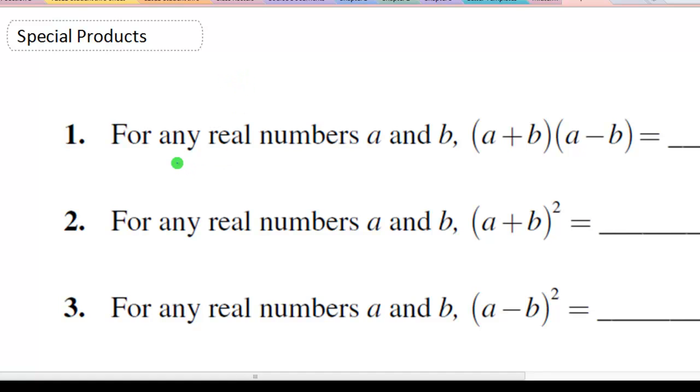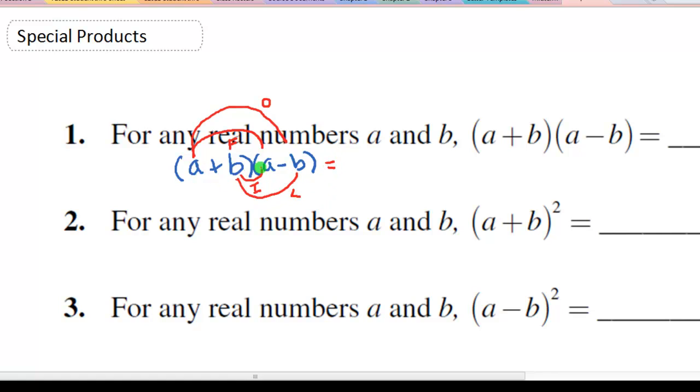If we go ahead and FOIL that out, now if you recall our FOIL, that's where we multiplied the first terms, then the outer, then the inner, and then the last.